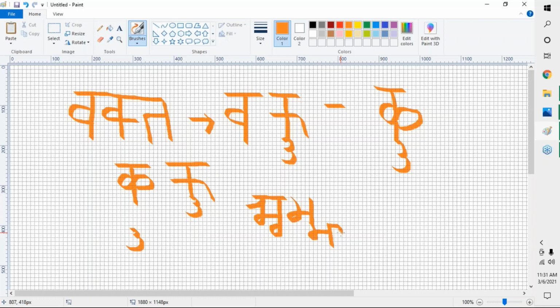E matras or I matra will be written above because they are always written above. Only U and U matra will be written with reference to the below letter. So that is very important. So this is Amma. Similarly, if I have to write Amba, let's take Amba.